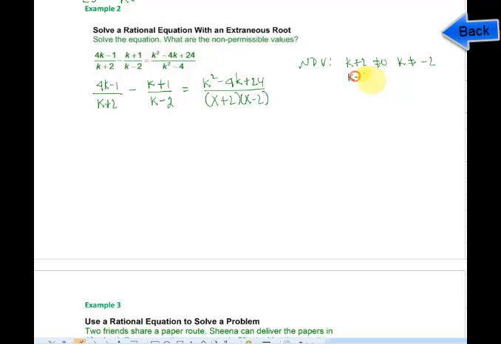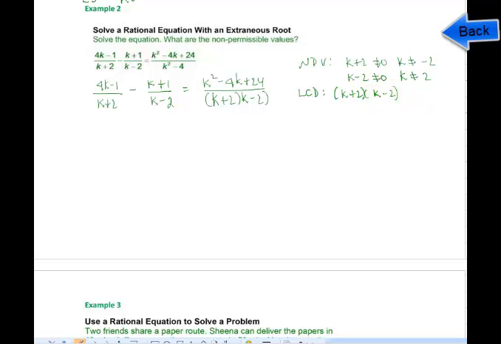And k minus 2 can't be 0, so k cannot be equal to 2. All right, and our LCD is going to be k plus 2 times k minus 2.